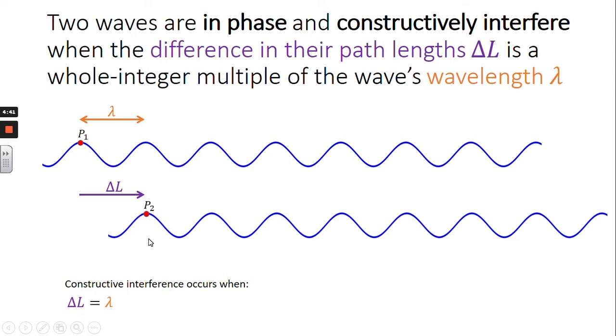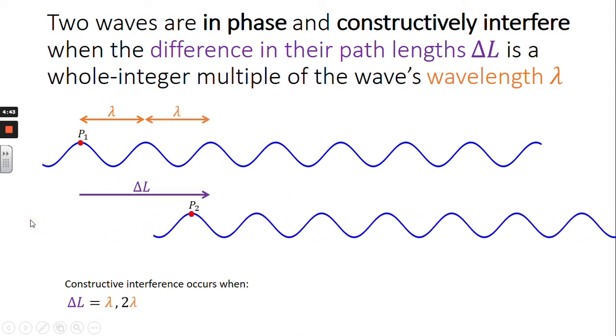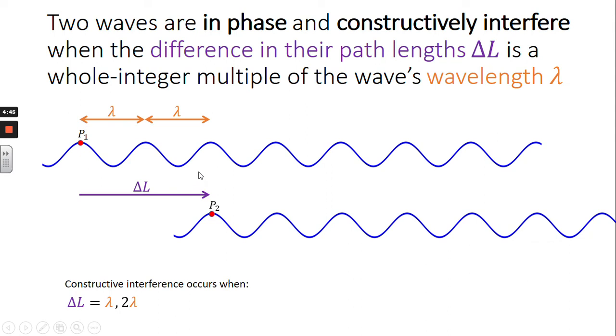But what if I slid point 2 over here? Now point 2 is two wavelengths away from point 1. But we'll notice that the waves still line up. So these waves would still add together. We still get constructive interference, and this occurs with a path difference, delta L, of 2 lambda.